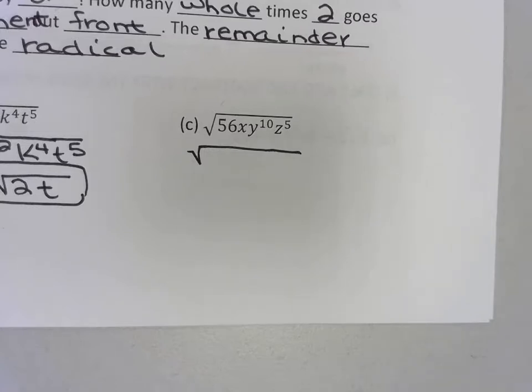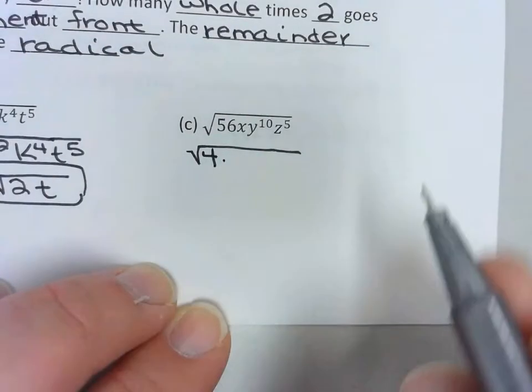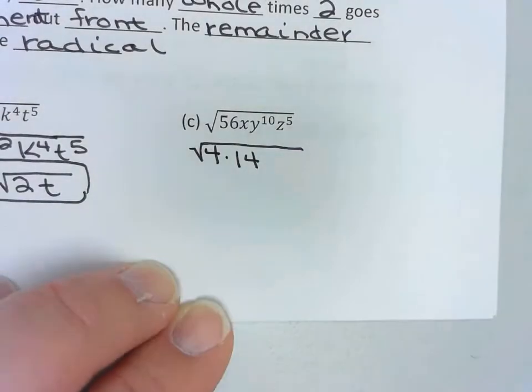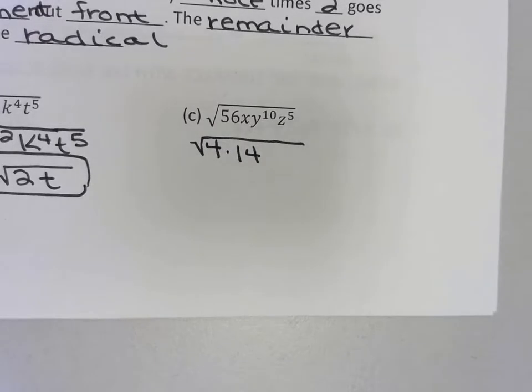Is it 4? Yeah, 4. So 56 is 4 times what? 14. So rewrite 56 as 4 times 14, just like we did on example 1.